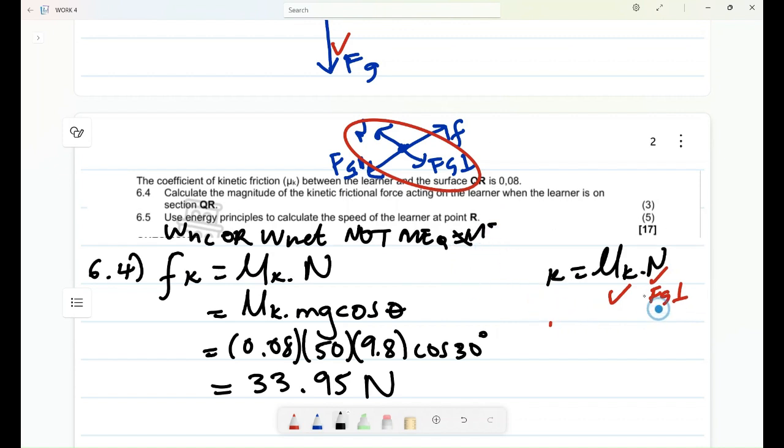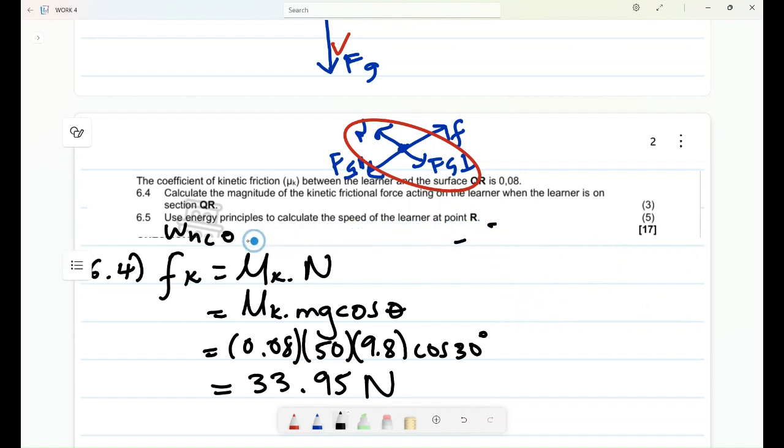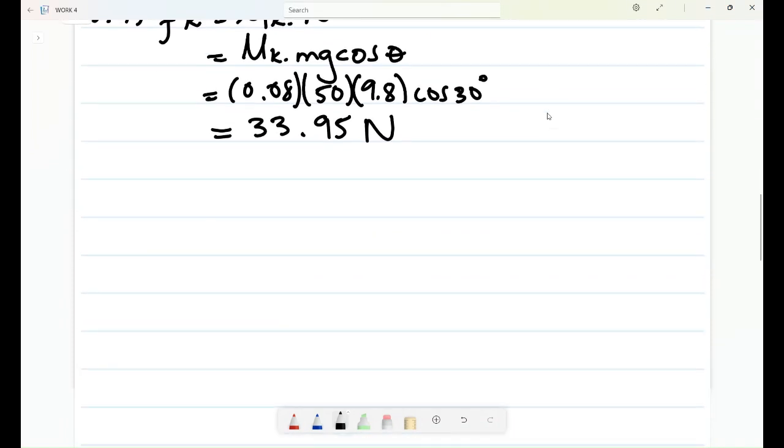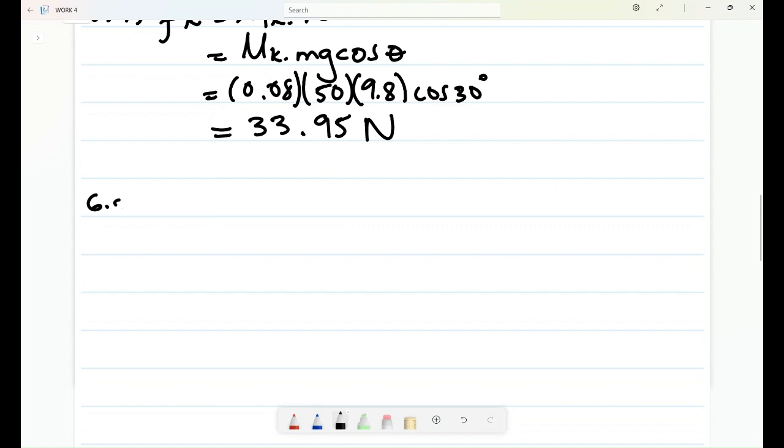All right, let me remove this. So I can only use these two formulas. Let me see if I have enough time to do both of them. Yeah, I don't think I'll have enough time, but let's try. Let's see. 6.5 fast. I want to use this one. I've been using that one a lot.